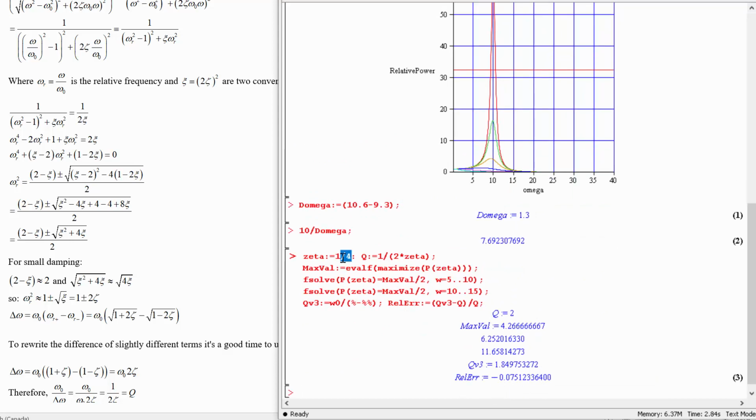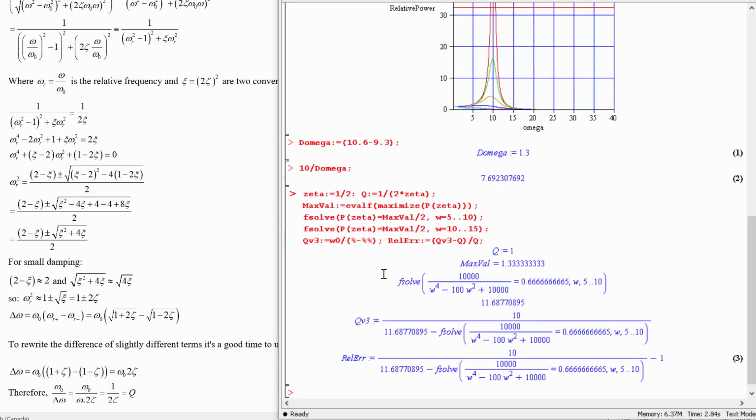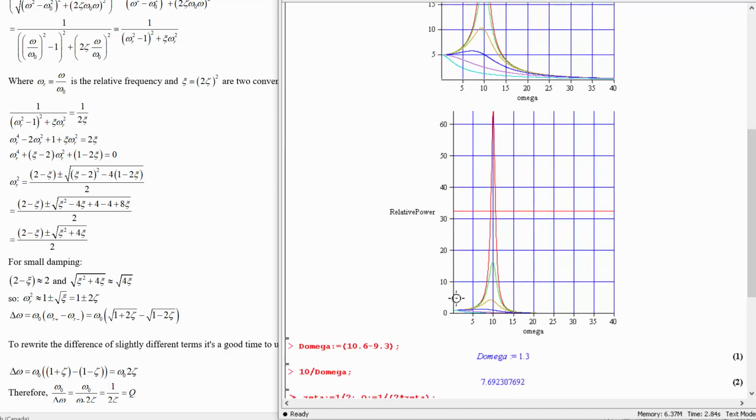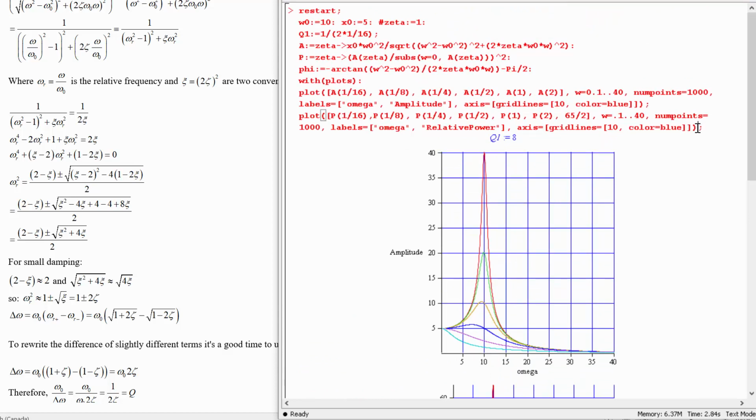And you see this didn't even work when we put in zeta as a half. What's going on there? Well, up here, you can see what's happening for the zeta is a half curve. Well, maybe you can't because it's so small of a peak on this. So let's change the other label here. So actually the amplitude one shows it better.